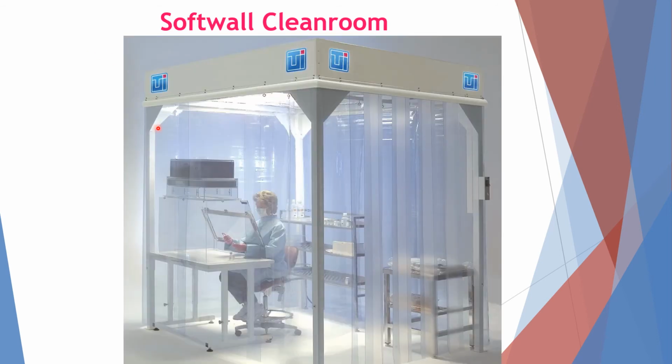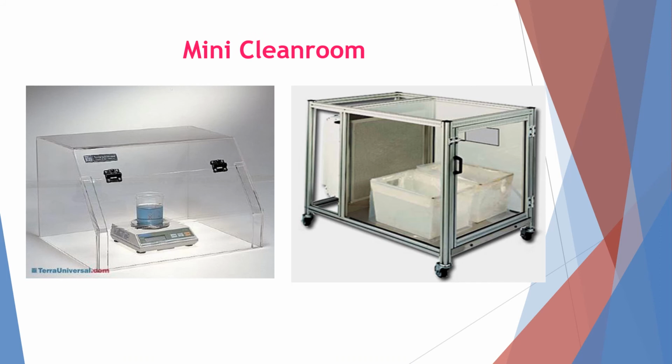Now the soft wall clean room, if you can see, the size becomes smaller compared to the hard wall clean room, and it is also installed with soft walls, which makes it easier for workers to come in and out, but only a very limited number of persons can go inside the clean room.